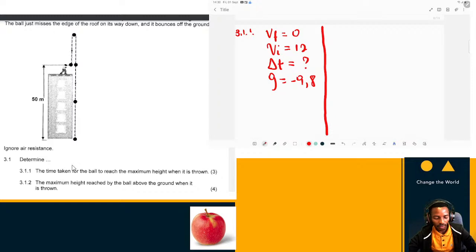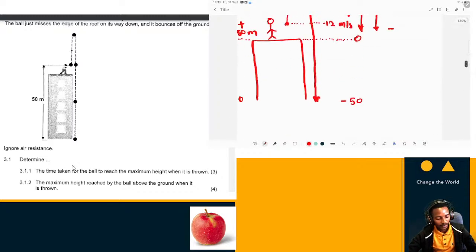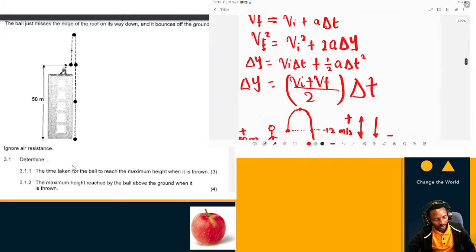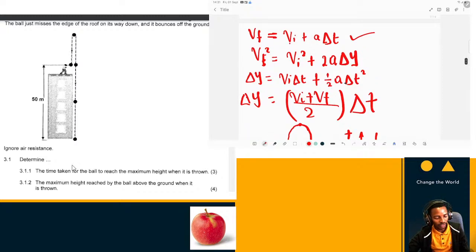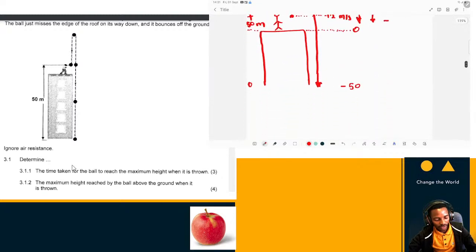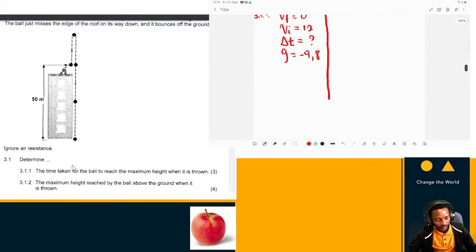So let's check our formulas and which one fits nicely. So this one, the first one, fits nicely because we know the final velocity, we know initial velocity, we know acceleration, and we don't know time, but the time is our quantity of interest or variable of interest.